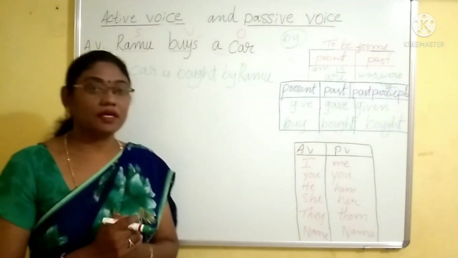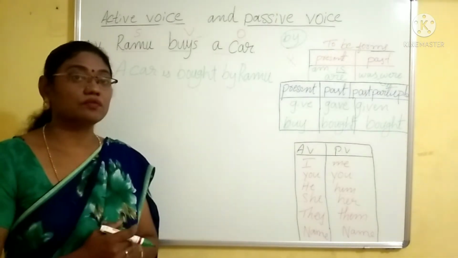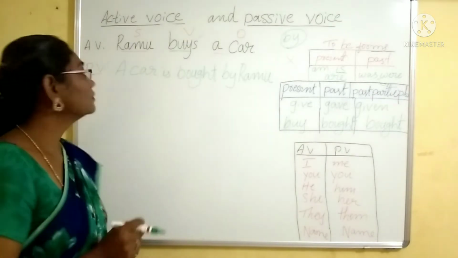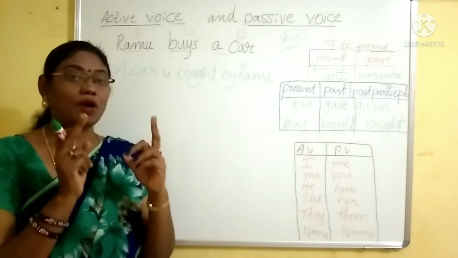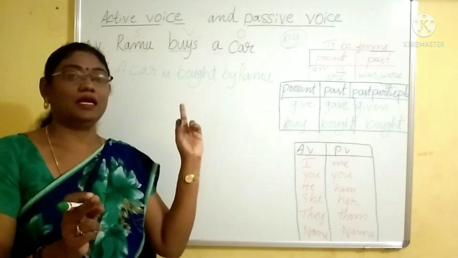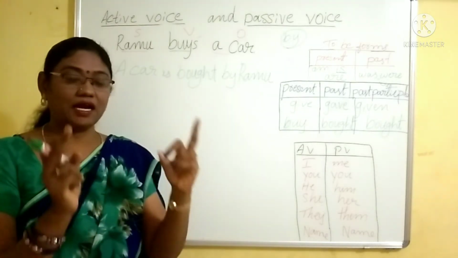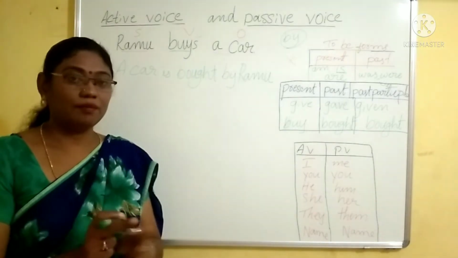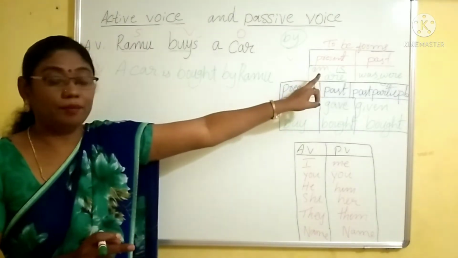Now can you tell me what steps we have followed? I'll explain again. The first step, you have to identify the verb in the sentence and confirm whether the verb is in present or past tense, because it will be easy to select the be form.